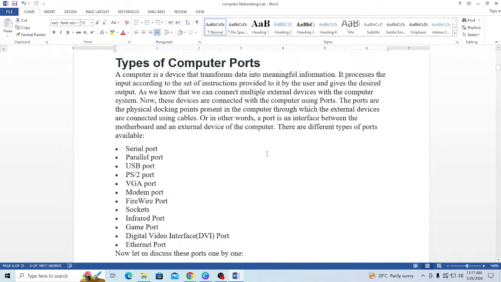By using cables or without cables also it will work. That means the ports are classified into connection-oriented or connectionless also. Most of the ports work connection-oriented only, and act as an interface between the motherboard and the computer device. The ports mainly act as an interface between the motherboard and the external devices connected to the computer. So ports act as an interface or mediator.